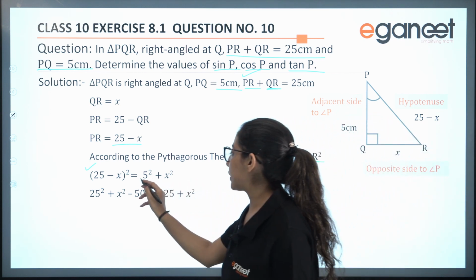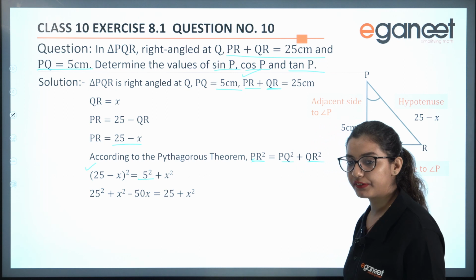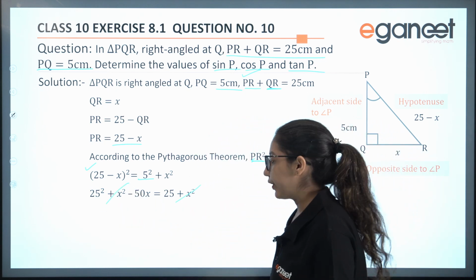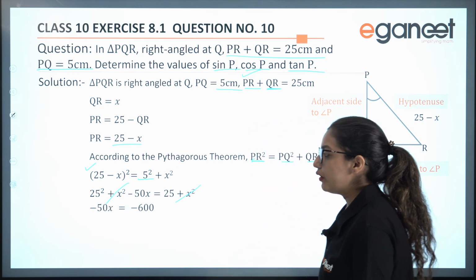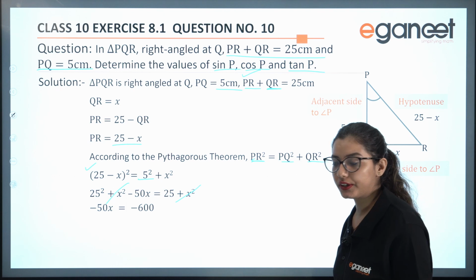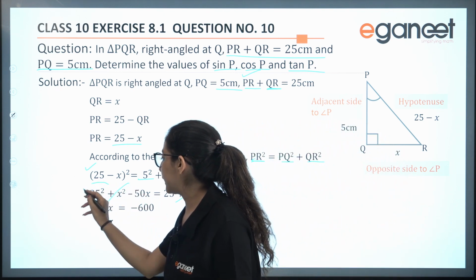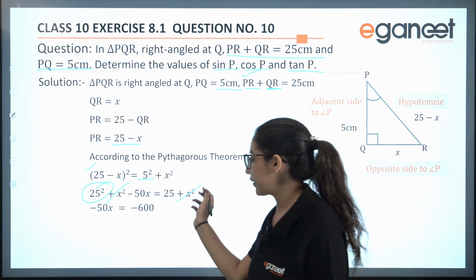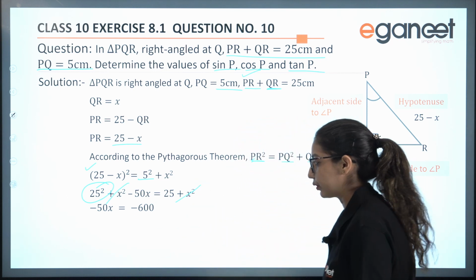And now we are going to substitute this 5 square as 25. Here clearly this x square gets cancelled, right? So now we got minus 50x is equal to minus 600. How come? We have taken the square of 25, which is 625, and then we have subtracted 25 from it.